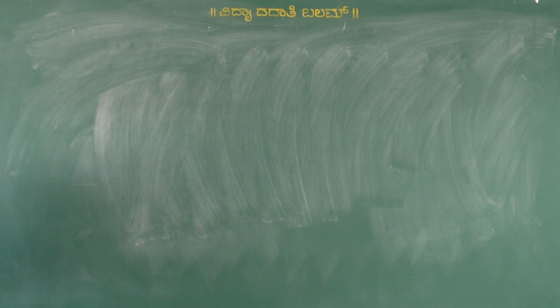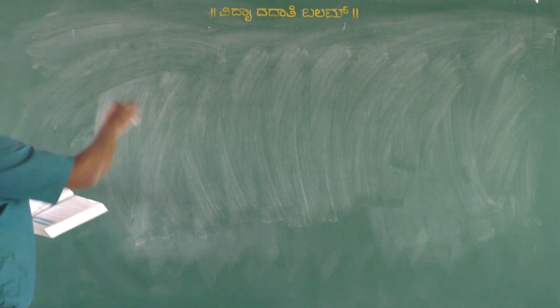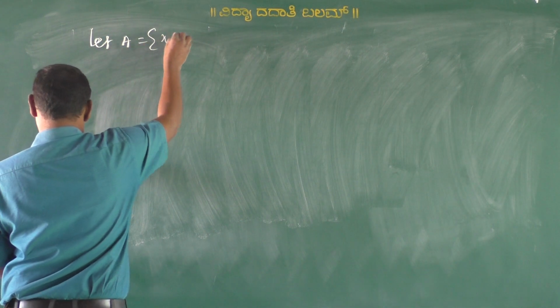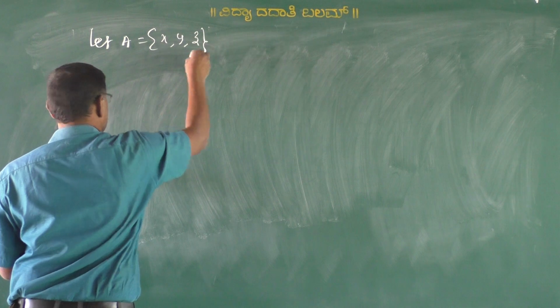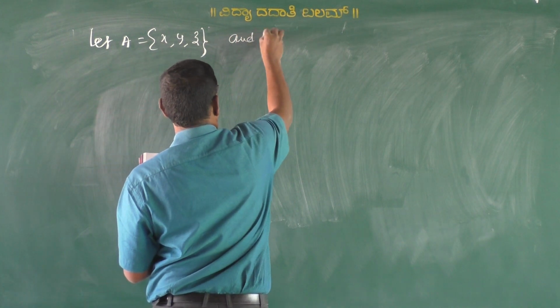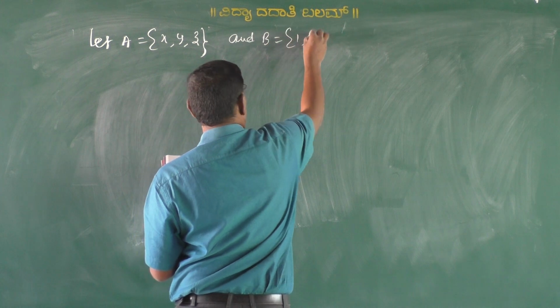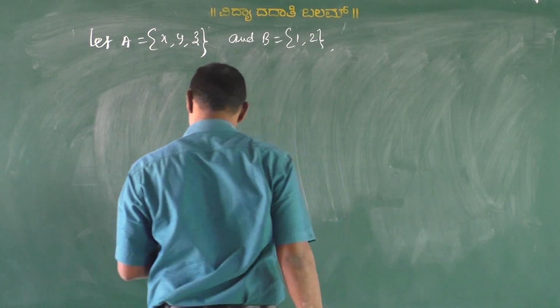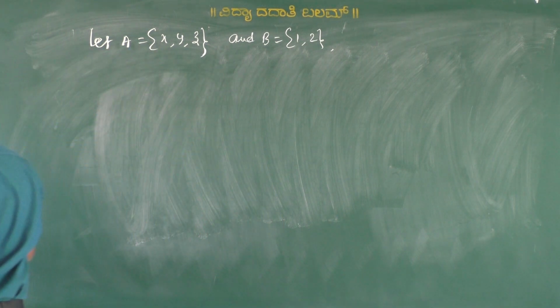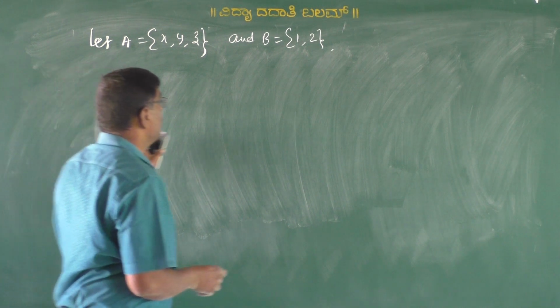Let A be equal to the set of all x comma y comma z, and B is equal to the set of all 1 comma 2. Find the number of relations from A to B. My dear students, find the number of relations.